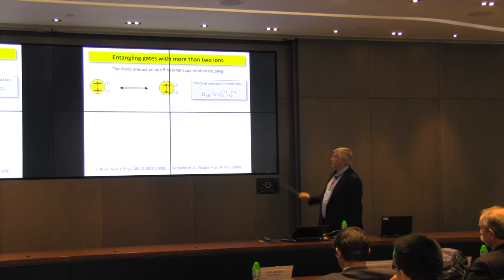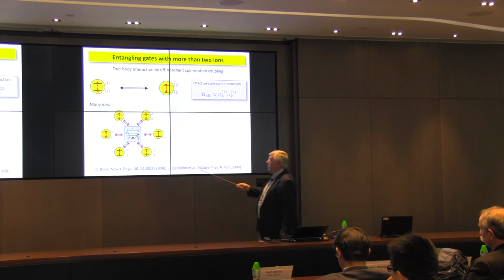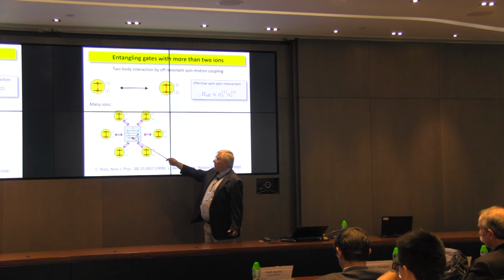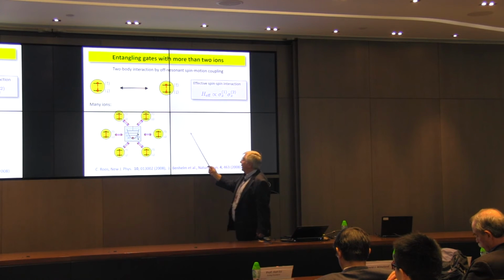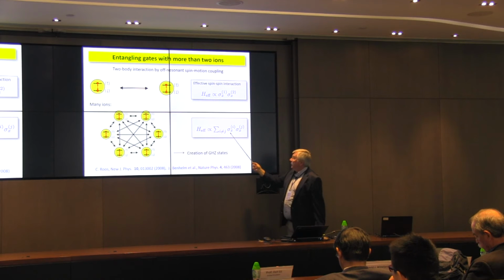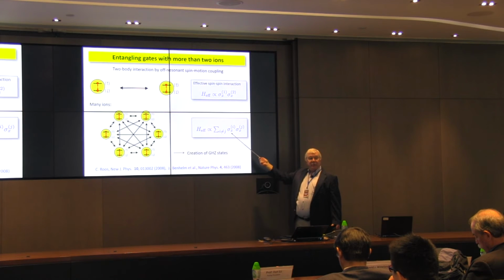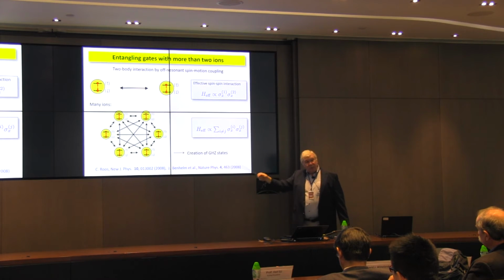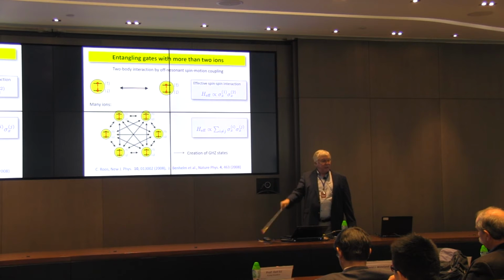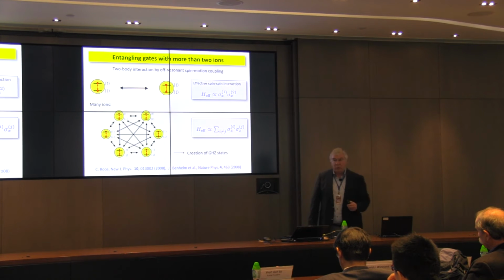This can be written down. But now if you generalize this, take many ions, they talk to the same mode at the same time. In other words, this can be generalized as well, and that's a very funny Hamiltonian, because that is now a very generalized spin-spin interaction, which enables us to create so-called Greenberger-Horne-Zeilinger states all in one go, very complicated excitations, which you could do otherwise only by repeated biparticle excitations.